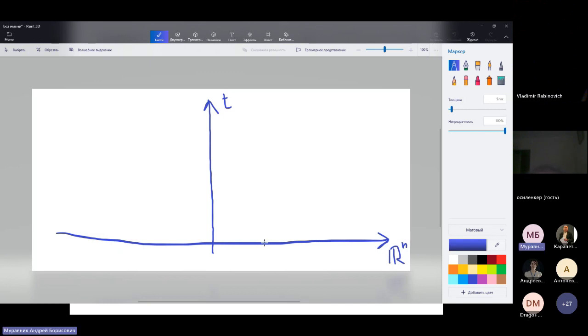We start from a certain point at the initial hyperplane, more exactly from an arbitrary point at the initial hyperplane.